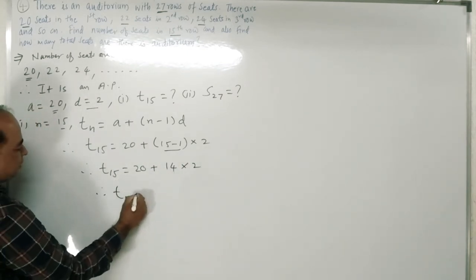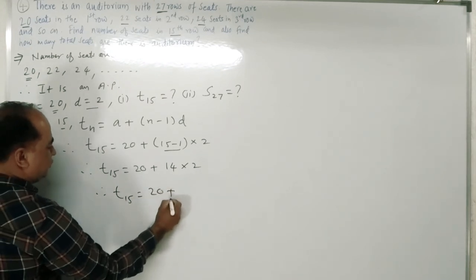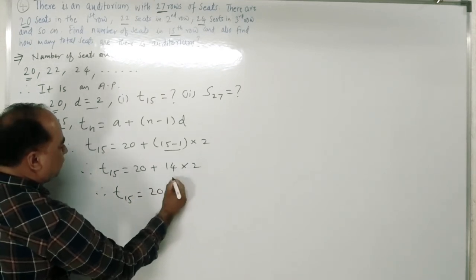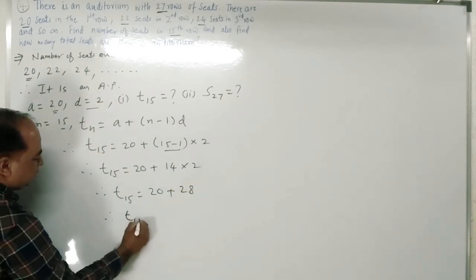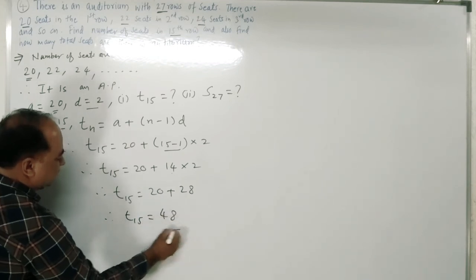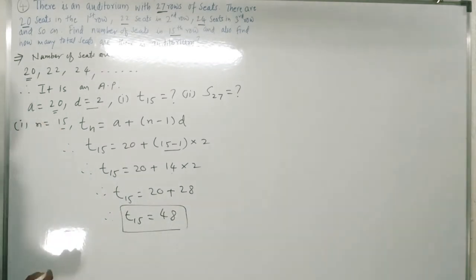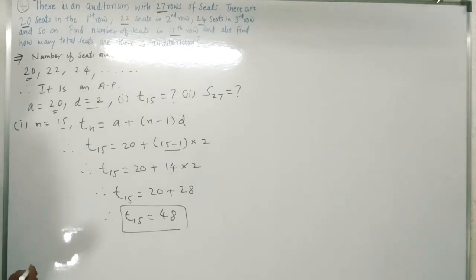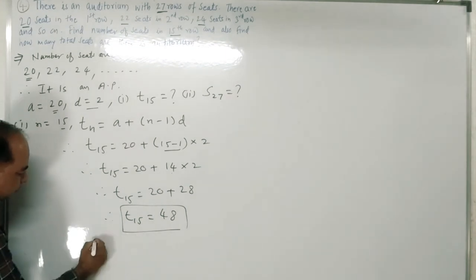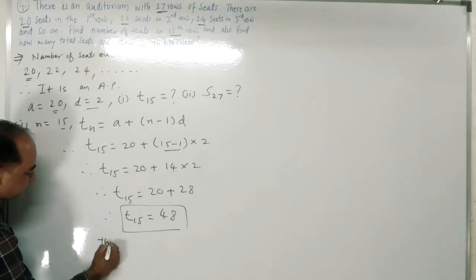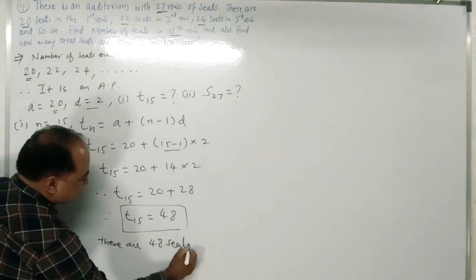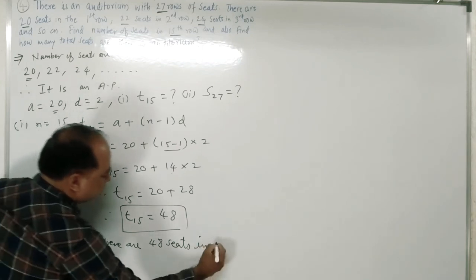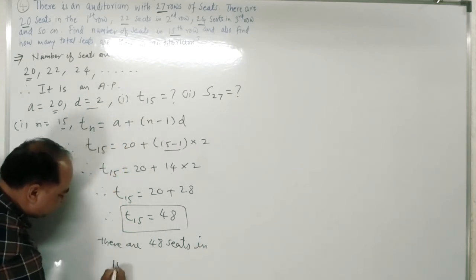Therefore, T15 is equal to 20 plus 14 2s are 28. Therefore, T15 is equal to 48. So there are 48 seats in the 15th row.